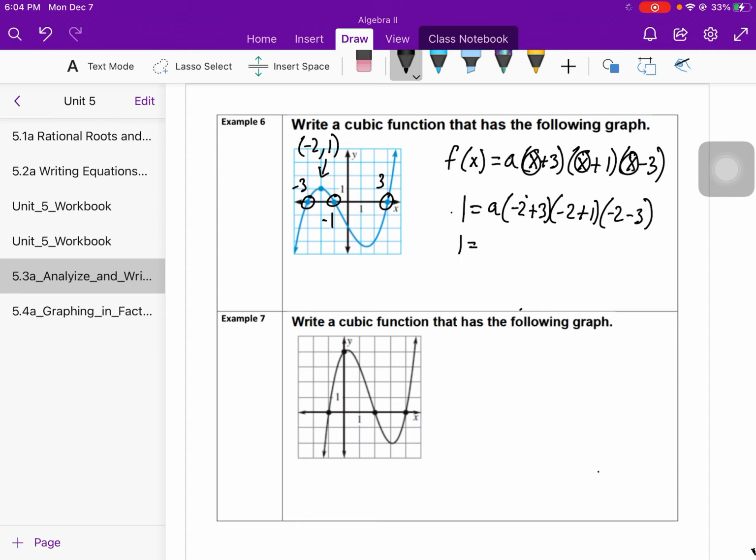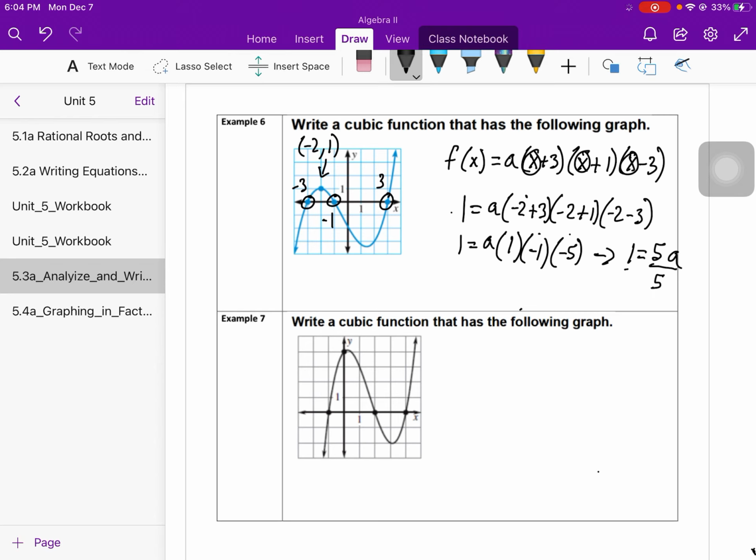So the left side stays the same. 1 equals a times these two make 1, these two make -1, and these two make -5. So now what we're going to get when we multiply that out is 1 equals 5a, because you have two negatives, -1 times -5.